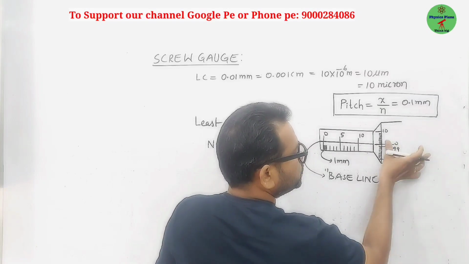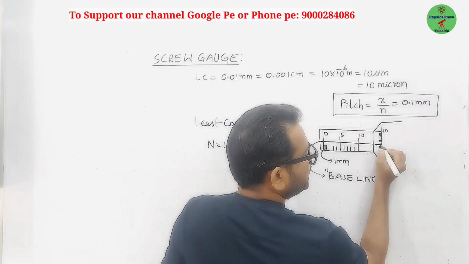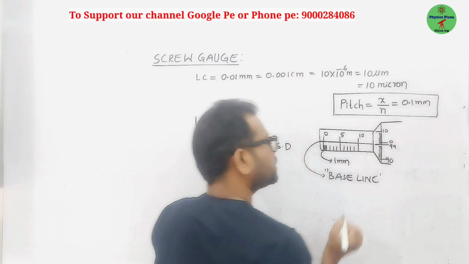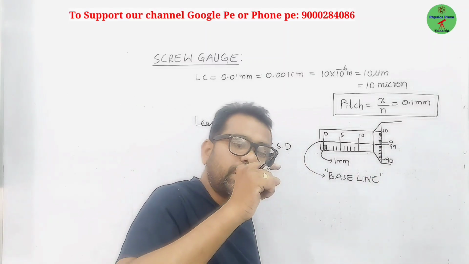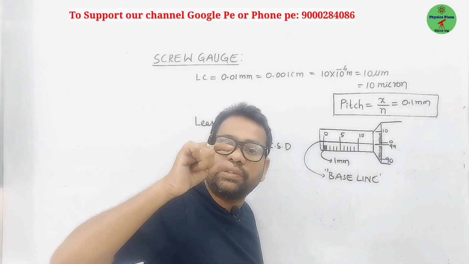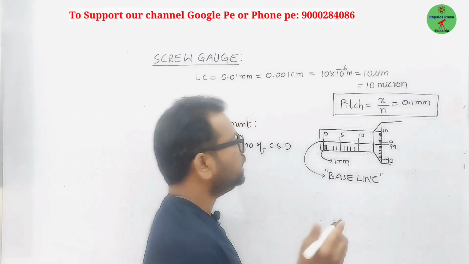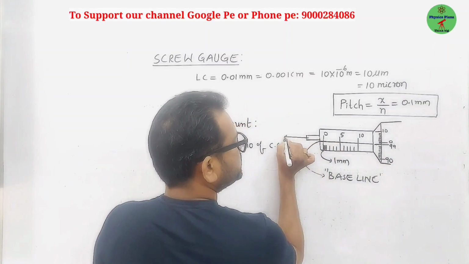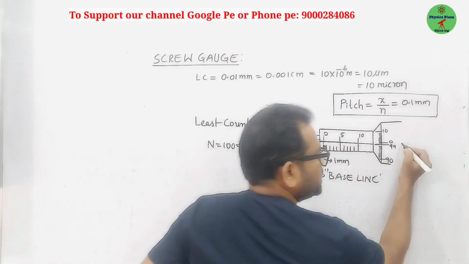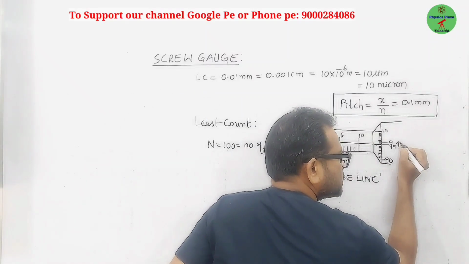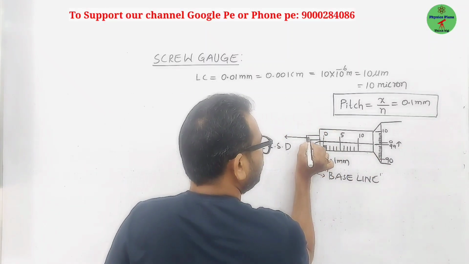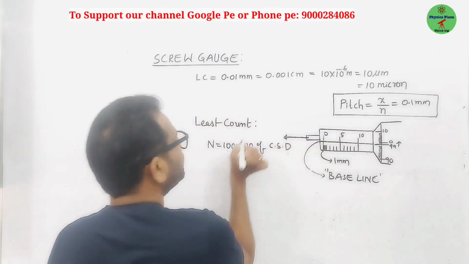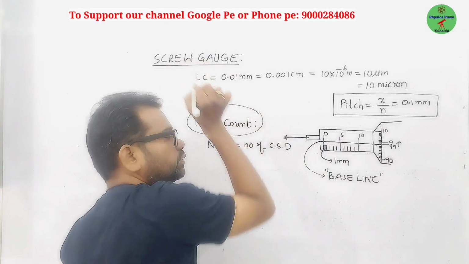Now I rotate so that this 99 comes here and this becomes 0. So it has moved one division. For that one division of rotation of the circular scale, the screw will travel some distance along its axis. That only we call the least count.